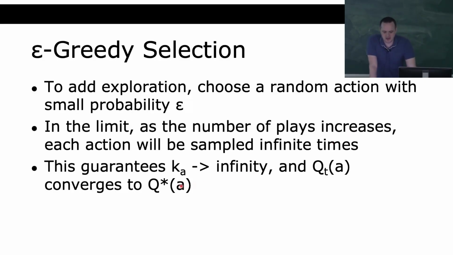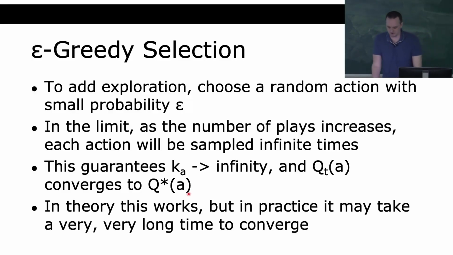So as Ka, meaning the number of times we've chosen the action, goes to infinity, Qt is going to converge to Q star of A. So no matter what the epsilon is, if epsilon values are lower, it might take a longer amount of time, but we are guaranteed that this will eventually converge to the right answer. So in theory, this may work, but in practice, it may take a long time to converge if you just have a fixed value of epsilon.